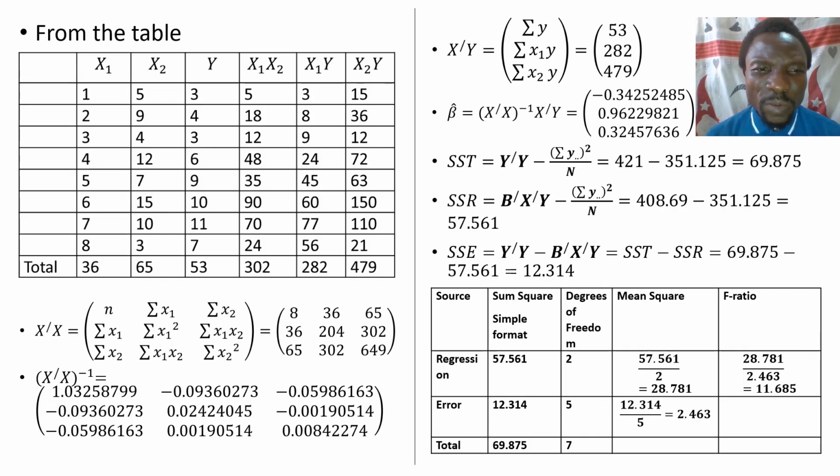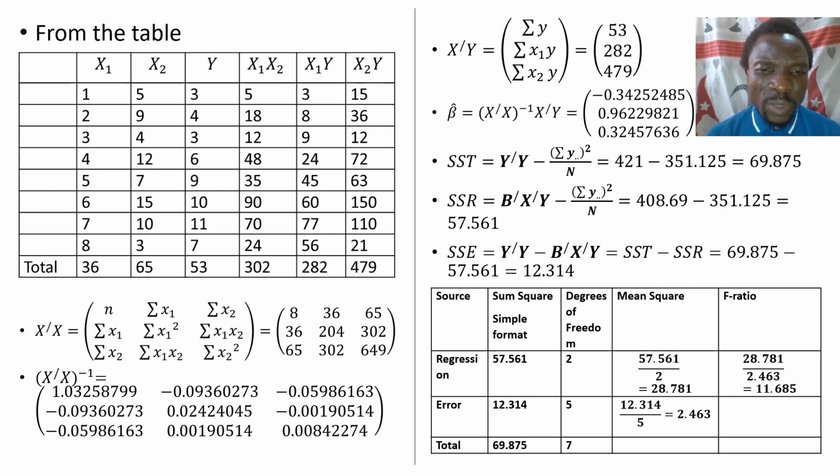So from the table, we can then obtain our X prime X. The matrix for X prime X is already expressed, where we have the first entry as the number of observations, the sum of x1, the sum of x2. If you look, you see the first row and the first column have the same entries, and so on. So we already have the totals.